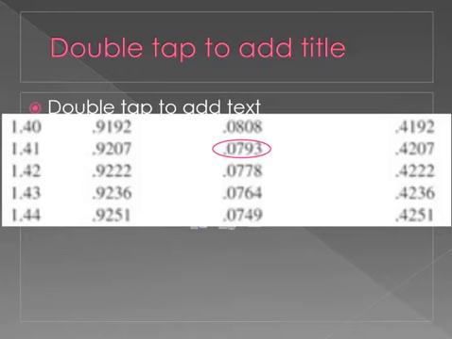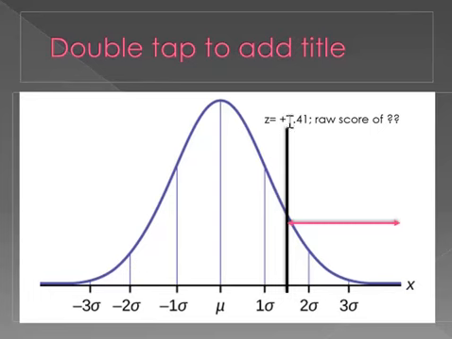What we're looking for is the proportion of scores that comes close to 0.0800 without going over in the table. When we find that, it's actually 0.0793, and we see it's associated with a z-score of 1.41. So the proportion of scores at or above a z-score of 1.41 is approximately 0.0800.